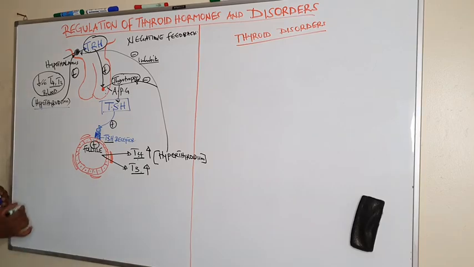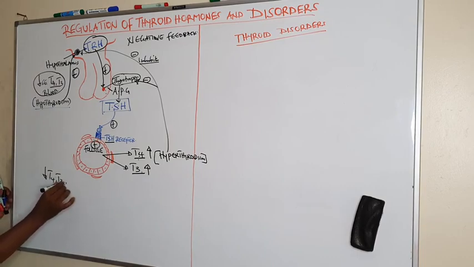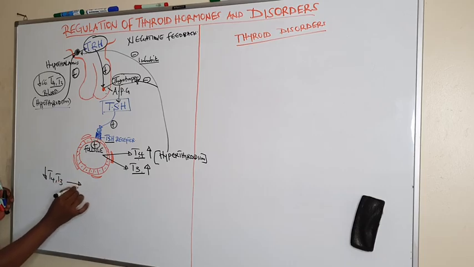In summary, when there are low levels of T4 and T3, it triggers the hypothalamus to synthesize and secrete TRH, thyroid-releasing hormone.